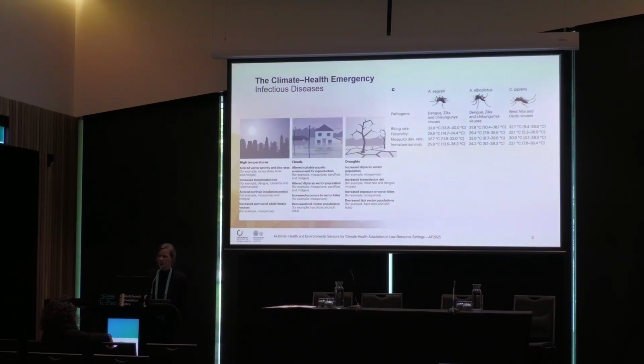The biting rate, for example, peaks around 32, 33 degrees Celsius. Also the mosquito development rate. If we look at these degrees Celsius and at climate change projections in combination with more preferential environments like flooding, droughts, high temperatures, we can see why malaria, dengue and other vector-borne diseases are on the rise because of climate change.